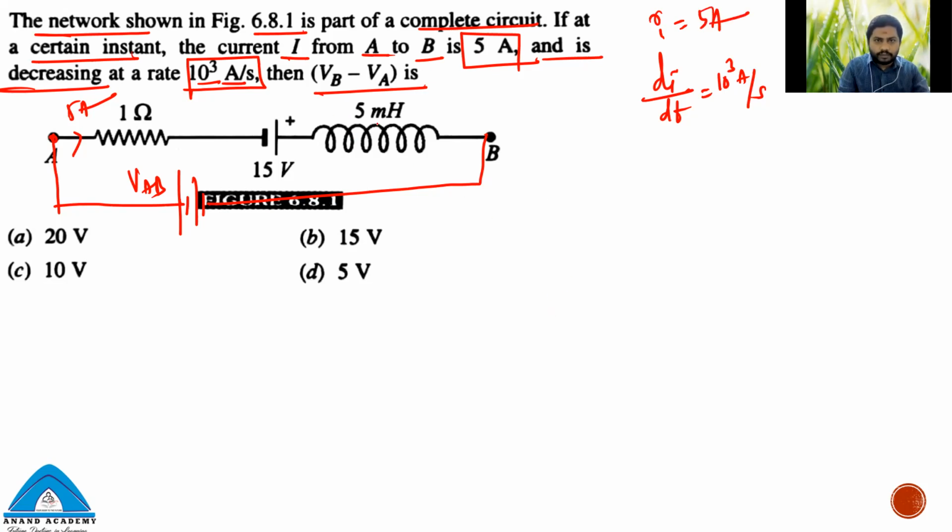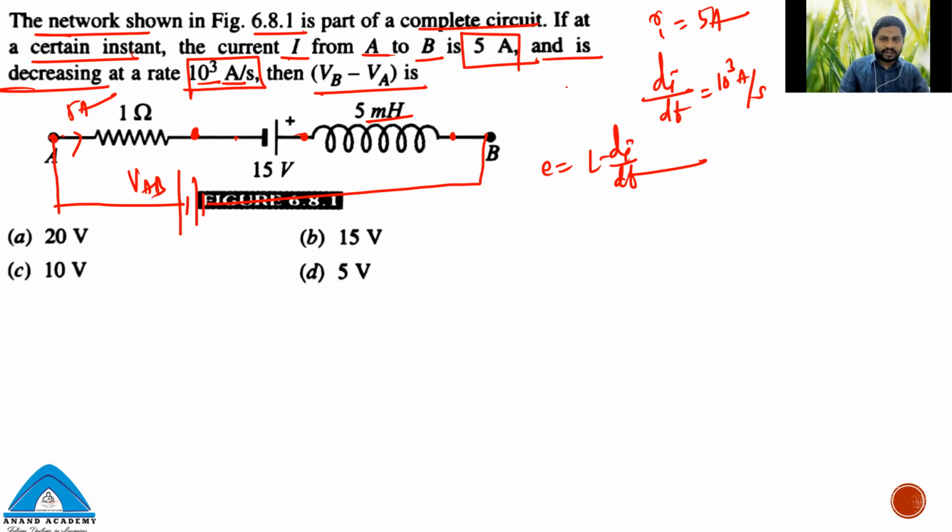Now this inductor is given as 5 millihenry, my dear students. This is 15 volt. Listen, we need the potential across this resistor plus the potential across this cell and the potential across this inductor. What's the potential across that inductor? E is equal to L into di by dt. Yes or no? It all depends on the direction of the current.